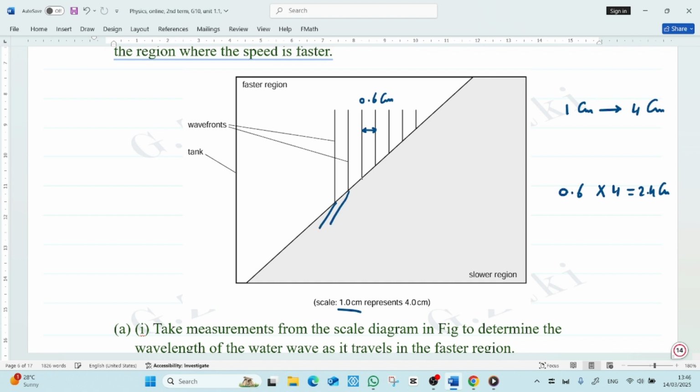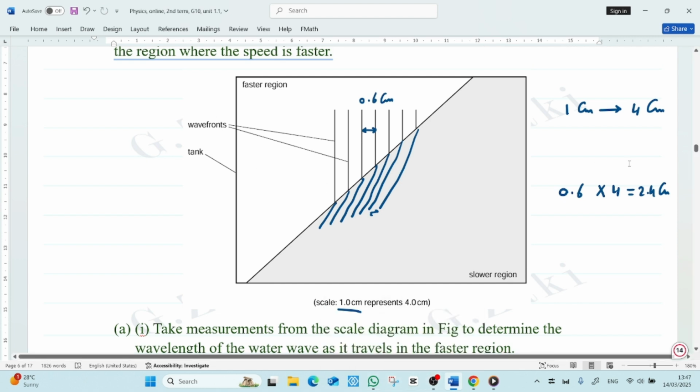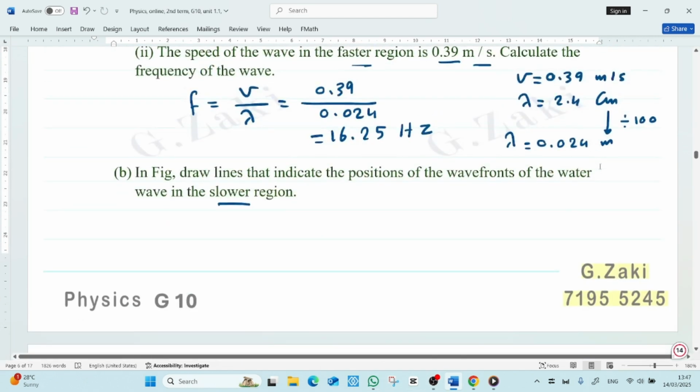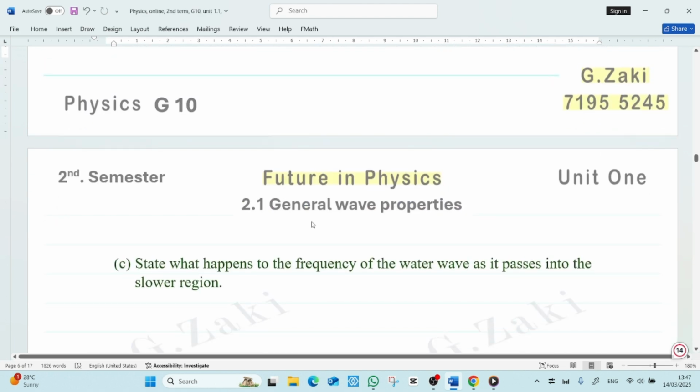You can see here. We have to use the ruler, and they must be parallel with the same separation, but the separation will be less than 0.6. You have to use the ruler, of course, and all of them must be parallel. Okay, class, we finished. Now, next question.